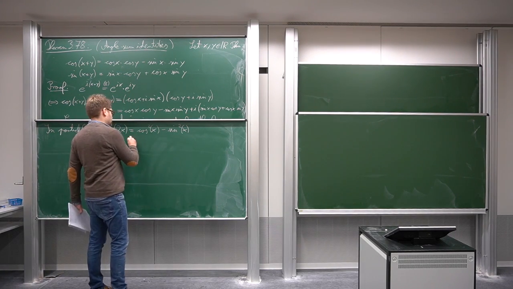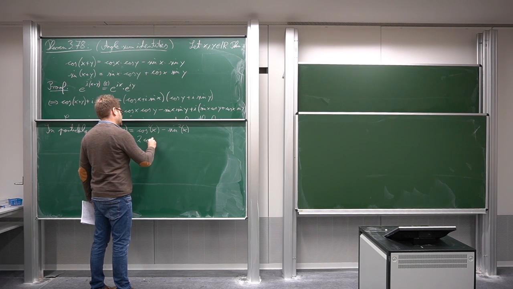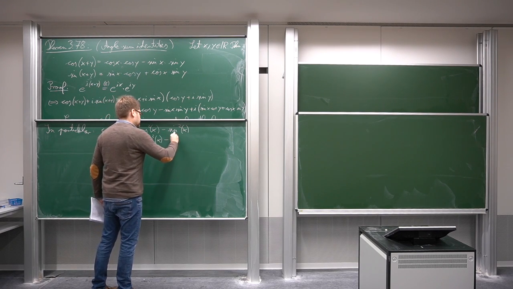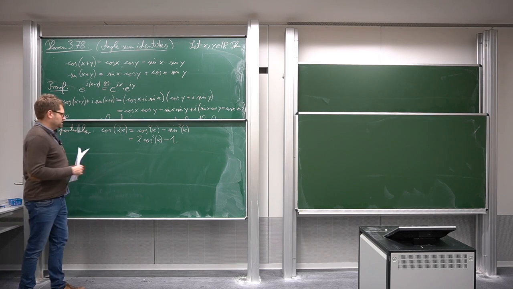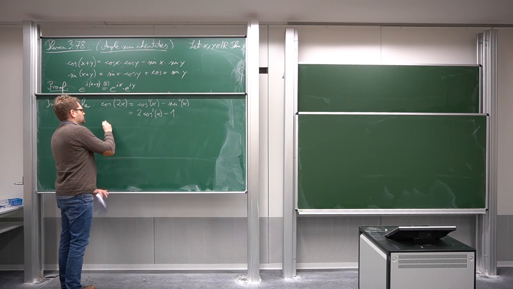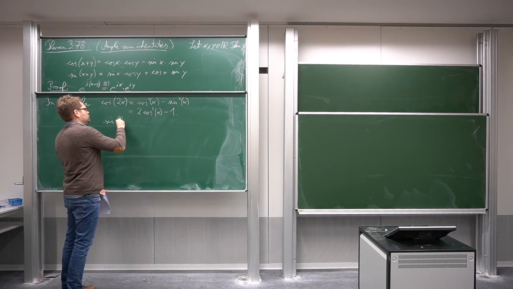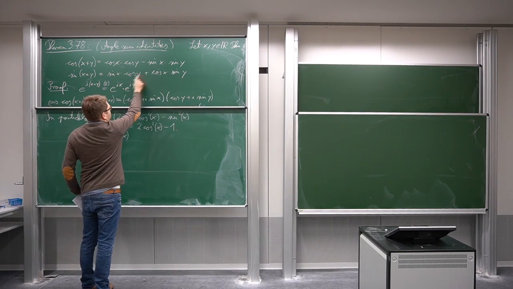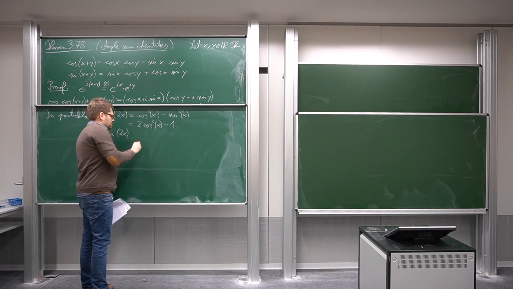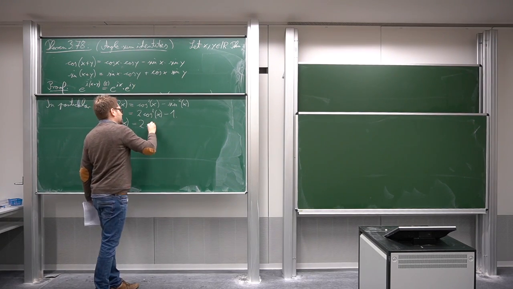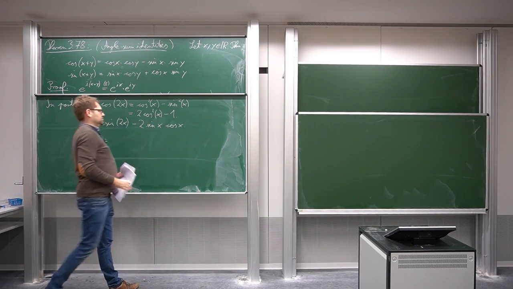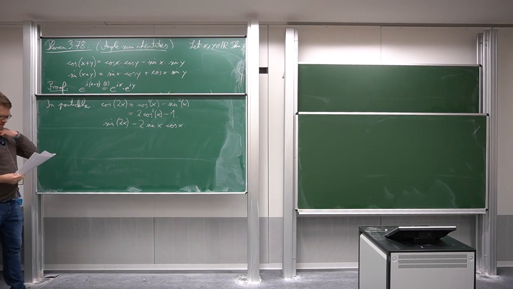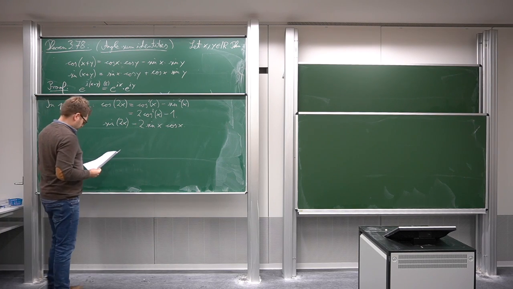And if we put this in here, we get 2 cosine squared x minus 1. So this is what happens when we double the angle. And we get a similar formula for the sine of 2x. Then we see that you have twice the same summand there. So this is 2 sine x cosine x. So these are the special cases that are also really useful sometimes.